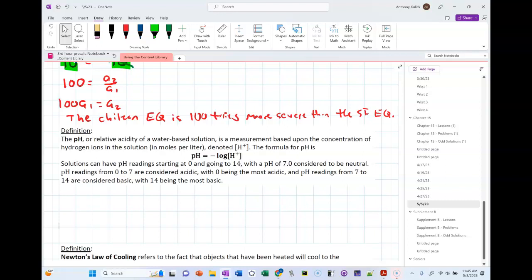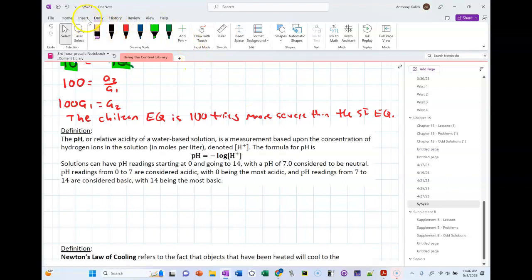And just like with earthquakes, it's a base 10 scale. So something with a pH of 5 and a pH of 3, well, the pH 3 thing has 100 times more H plus ions in it than the other one does.